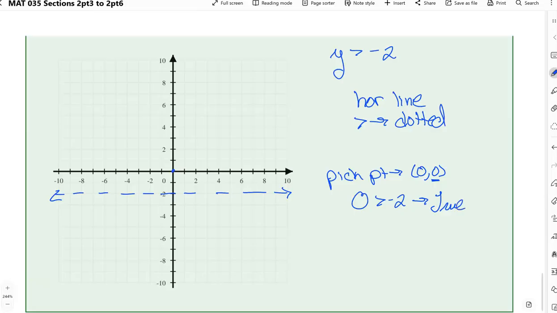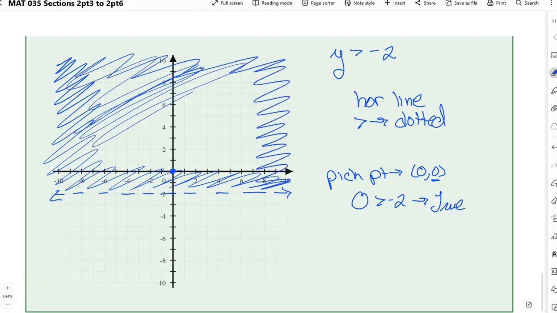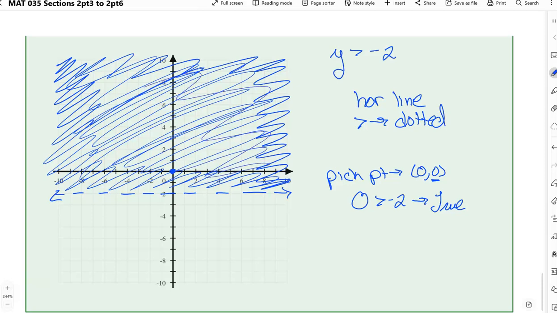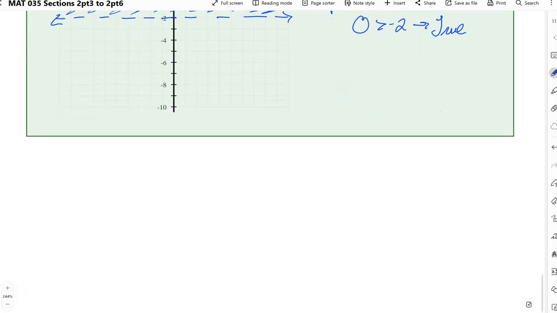So that's the region we're going to shade. 0, 0 was here, so I'm shading above. This one I think is pretty easy to see that you're going to shade above because it's greater than. But picking a point always works if you're not sure. So that's how we graph inequalities.